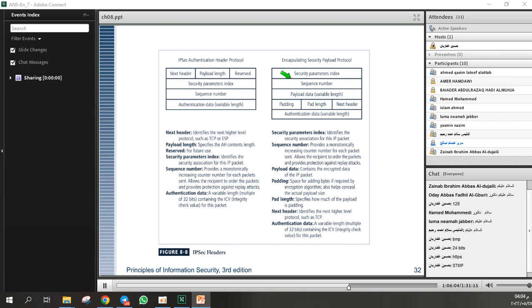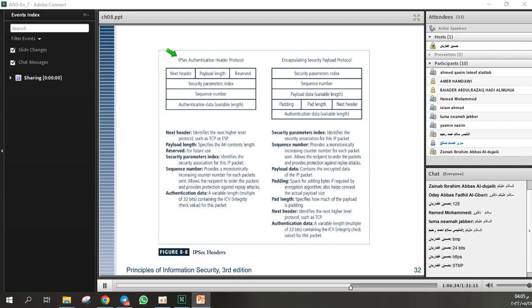Okay, but in ESP mode, we are presenting more security parameters than AH mode. We are presenting security parameters, sequence number, payload data. Even payload data would be encrypted. Padding, pad length, next header, and authentication.